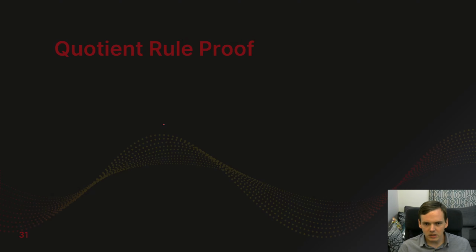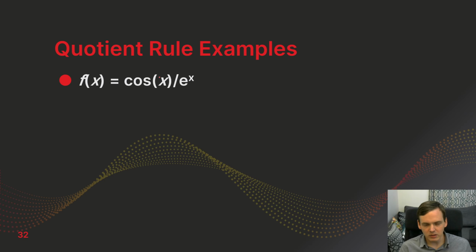So let's look at some examples. Cosine of x divided by e to the x, well then our derivative is just going to be the thing in the denominator, so e to the x, times the derivative of the thing in the numerator, negative sine of x, minus the thing in the numerator, so cosine of x, times the derivative of the thing in the denominator.